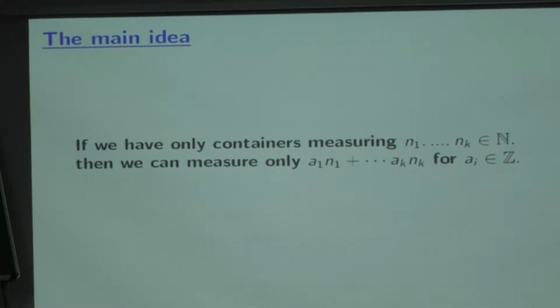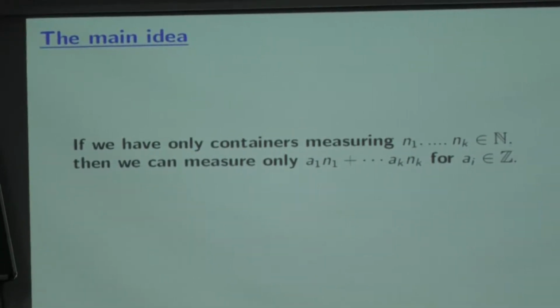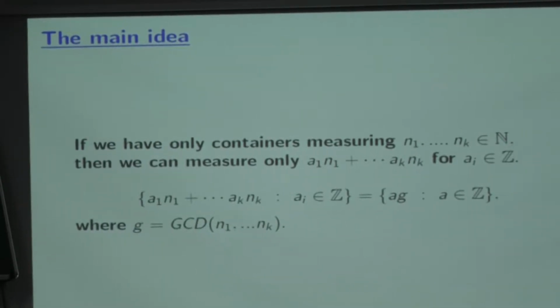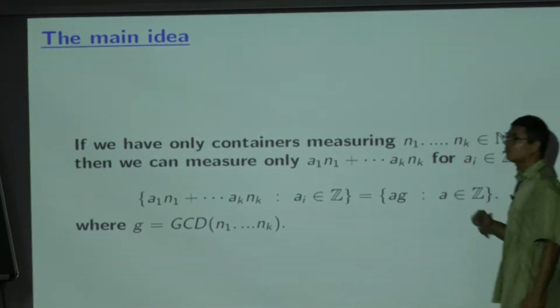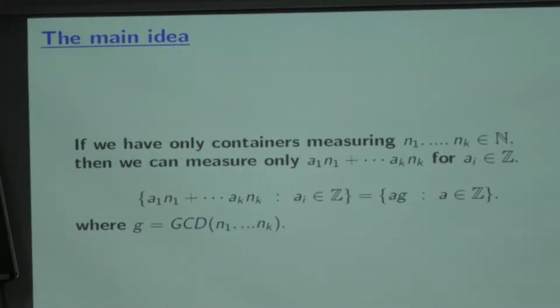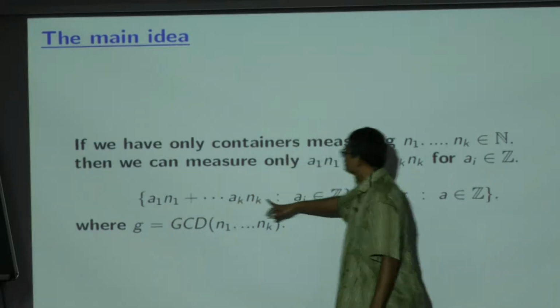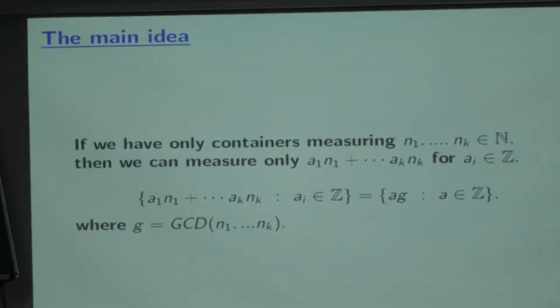That's the first set. Fortunately for us, we have this nice characterization. If both the numbers are even, then the resulting thing must be even, which can be written in this way. If I consider this set, those of you who love algebra might recall that this is called an ideal, no need of that term, but set of all possible things that you can measure, that can be expressed as multiple of the GCD. 2 here played the role of the GCD.